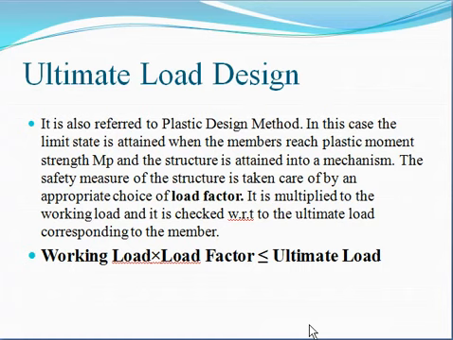And we can find the ultimate load, which is the summation of working load into load factor. It means we have to multiply each working load by its load factor and add them, which gives us the ultimate load.